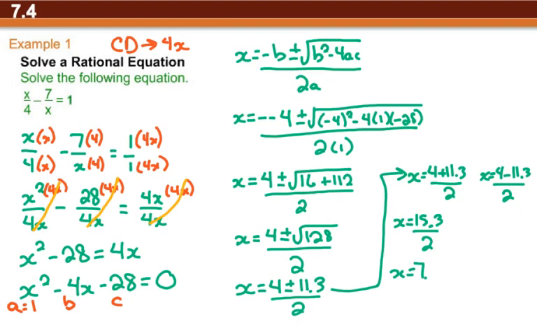Divide that out, we get x equals 7.65. On the right, 4 minus 11.3 is negative 7.3 over 2. Missed the equal sign, and x equals negative 7.3 over 2. Dividing that out gives us x equals negative 3.65.